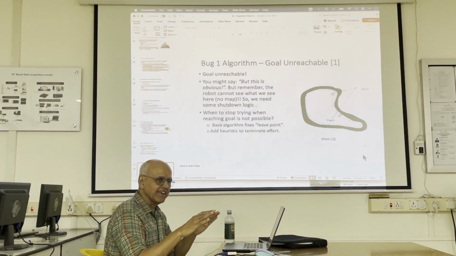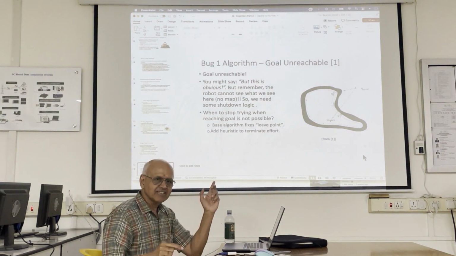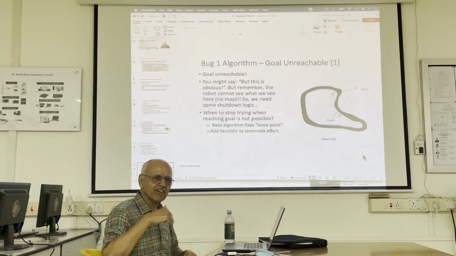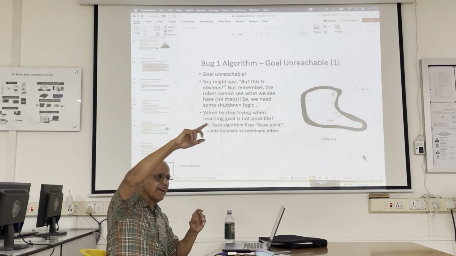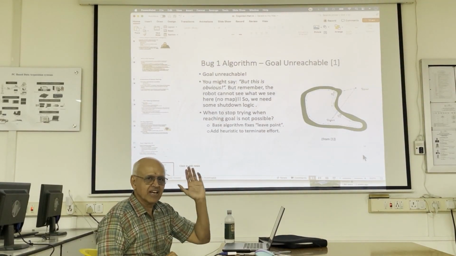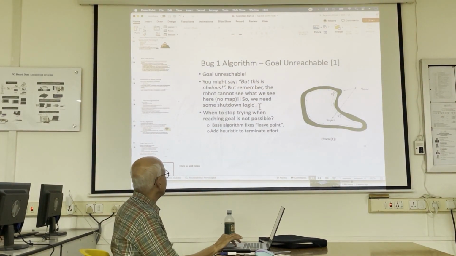So it can't see anything. So it's a completely different situation. Same thing with the person solving the maze, who doesn't have a view of it, because otherwise it'd be easy, right? If somebody is high up and says, hey, go right, go left, it'll be so easy to solve the maze. That person cannot see any of that. So remember, the robot cannot see what we see here. No map, okay?